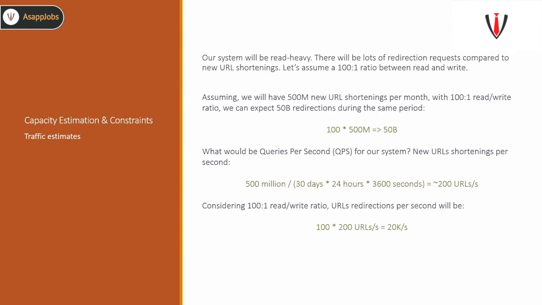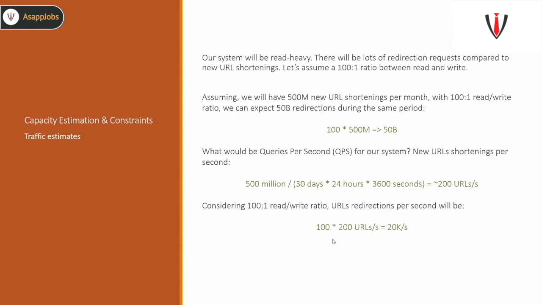It's good to know, because your systems are going to have some constraints and they should fit the problem you're trying to solve. Yeah, and then considering the same 100:1 read-write ratio, the number of redirections is going to be 200 into 100. Right? So is everyone with me till now? I'm going to talk more about constraints, but I want to make sure everyone is following. Yes.